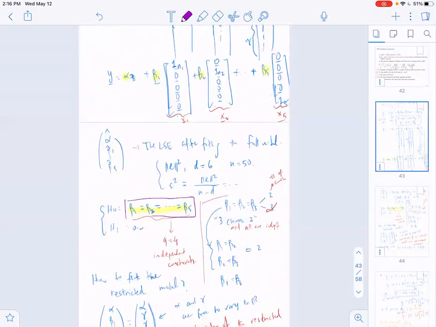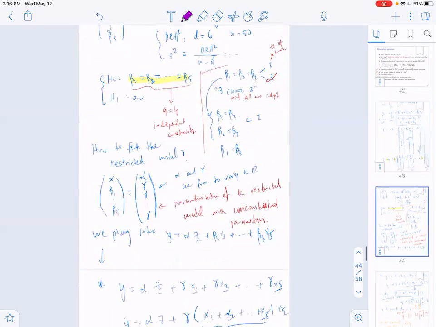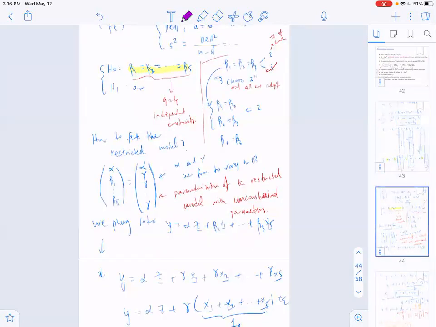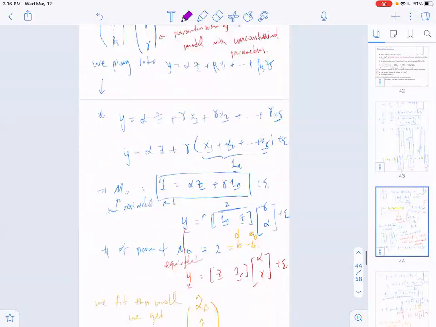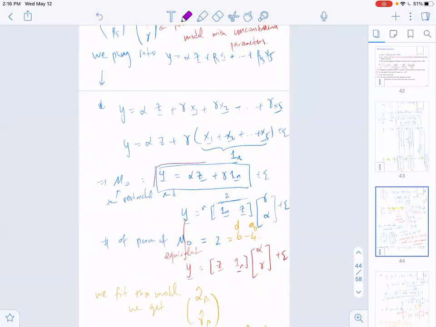This is testing for the equality of the effect of the drugs, that would be effectively solving a regression where I set all these betas equal to some gamma. The problem reduces to this regression model, where when I sum all these guys, they get 1.